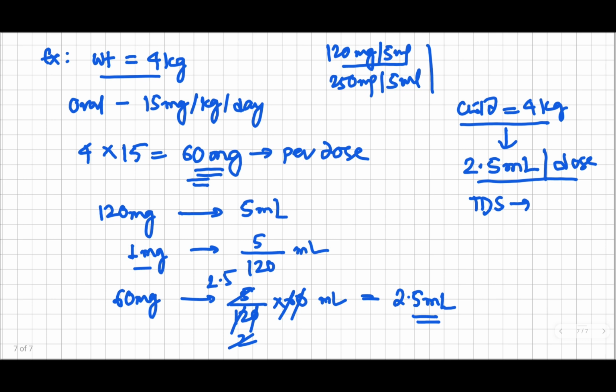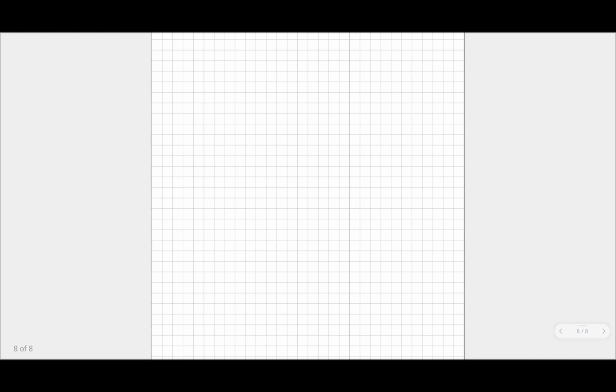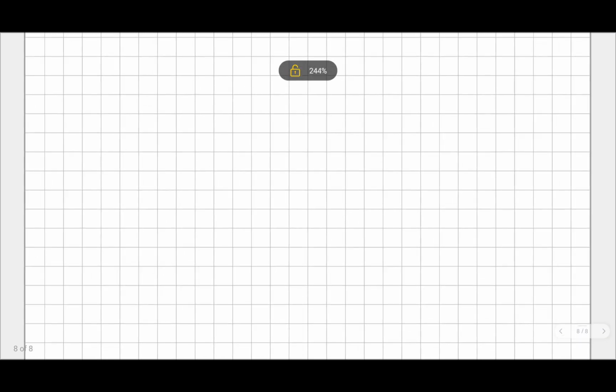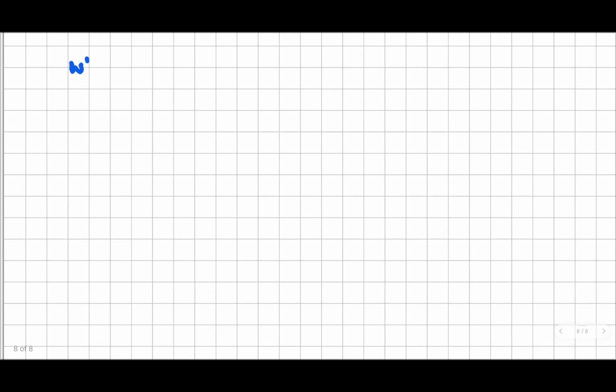Fine. So let's see another example. Now for example, the baby is having weight 4 kg only. Again we are taking weight equal to 4 kg, but here we will see the strength of 250 mg in 5 ml. So how we will calculate?